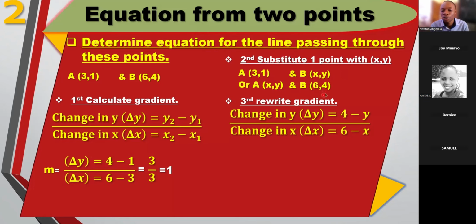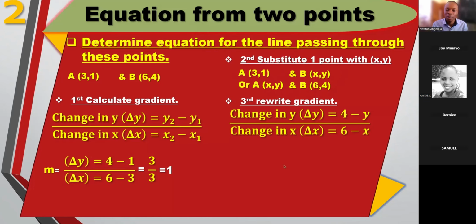So the change in y is going to be 4 minus y, and the change in x is going to be 6 minus x, because I've chosen this particular point and the other one becomes (x, y). If you choose the other point first, you can say y minus 1 divided by x minus 3. That's how your calculation should look.